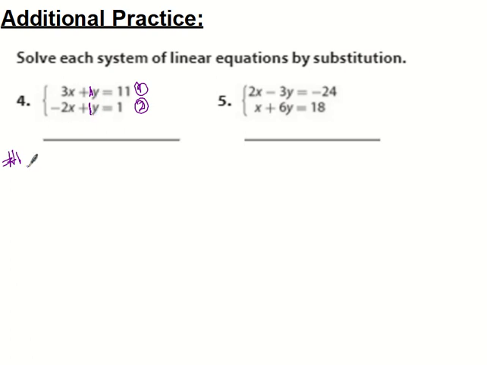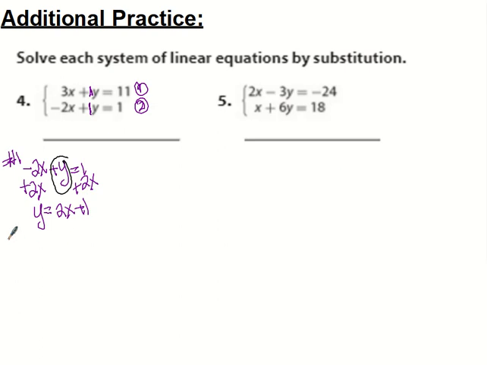So I'm going to go negative 2x plus y equals 1, and I'm going to solve for this variable. Plus 2x, plus 2x, and we're going to get y equals 2x plus 1.